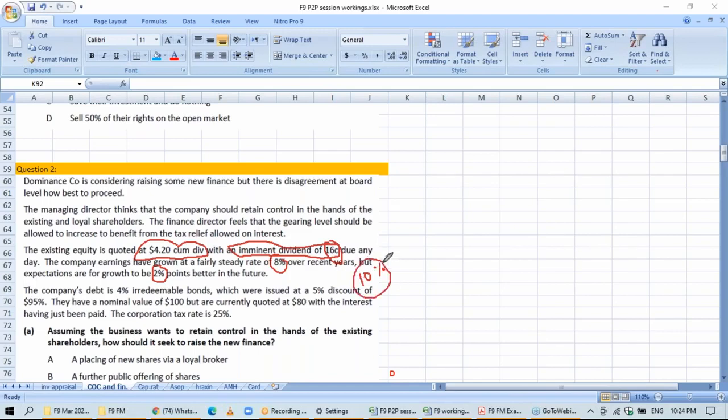So the dividend growth model will help you in calculating the cost of equity using these items which you are watching over here.